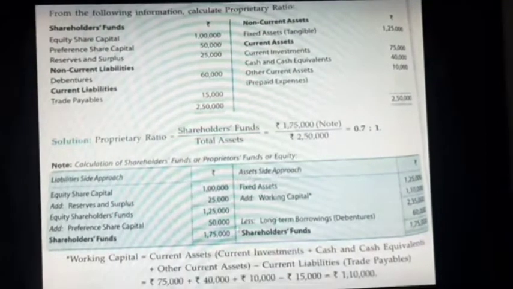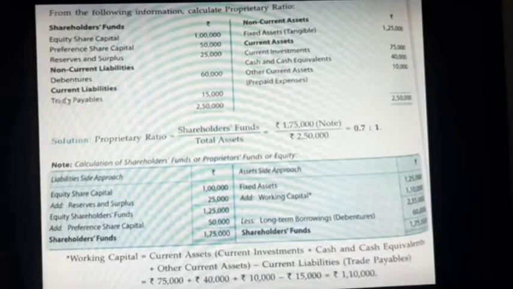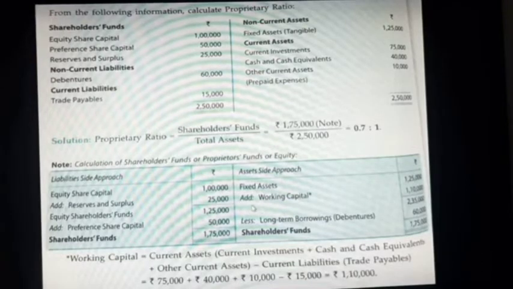Asset side approach, what you have to do is add all the non-current asset and current asset, then subtract current liability and non-current liability. So you will get the answer for the asset side approach. That is what is done over here. Fixed asset, which is a non-current asset, and they have added working capital. So what is working capital?